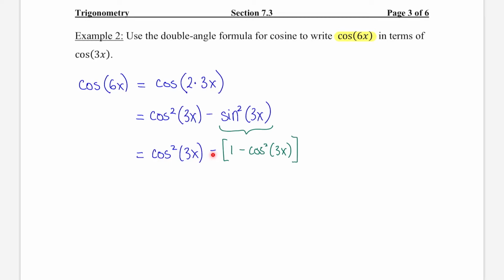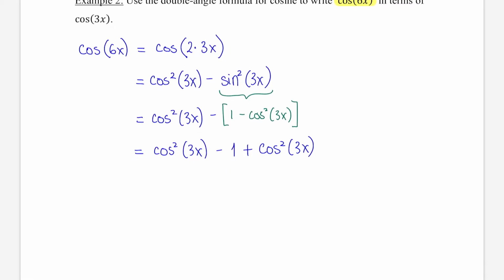I will go ahead and distribute the negative sign out. After distributing, I have cosine squared 3x minus 1 plus cosine squared 3x. Cosine squared 3x and cosine squared 3x are like terms. I am going to combine them to become 2 cosine squared 3x. So from cosine of 6x, I'm able to rewrite it as 2 cosine squared 3x minus 1.